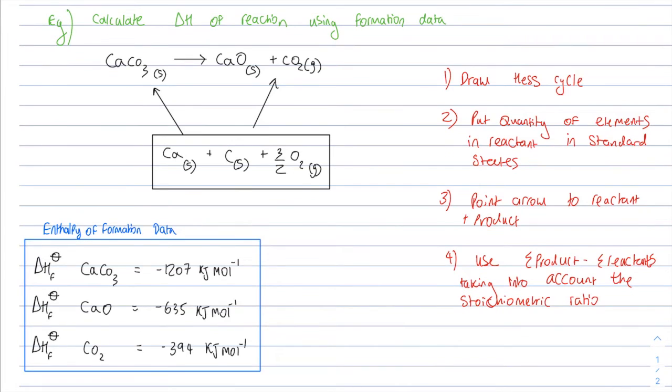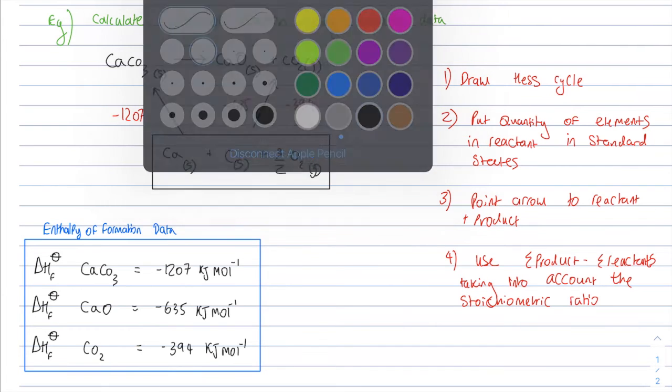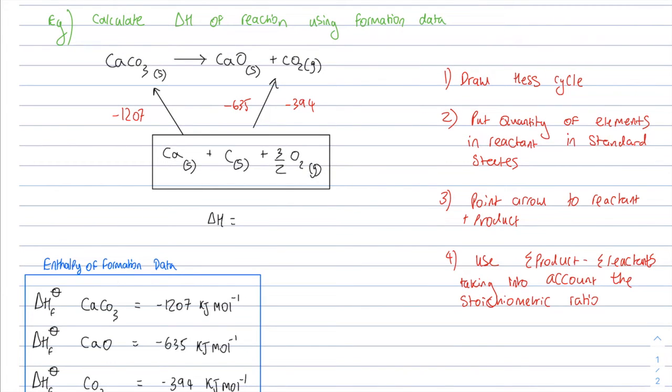So let's solve this then. So enthalpy of formation of calcium carbonate is minus 1207. Enthalpy of formation of calcium oxide is minus 635, and carbon dioxide minus 394. So enthalpy change is sum of products.